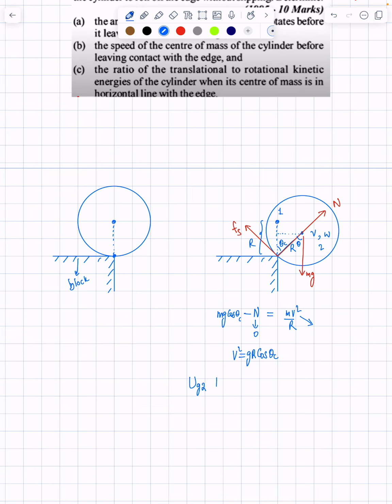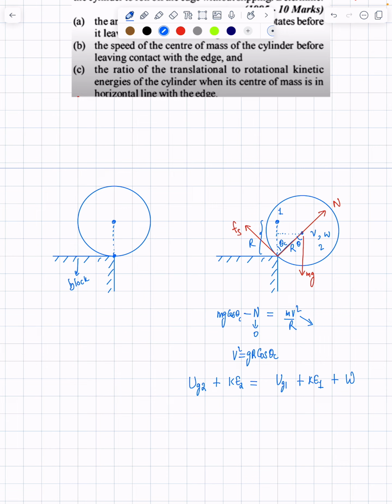So gravitational potential energy plus kinetic energy at point 2 is equal to gravitational potential energy at point 1 plus initial kinetic energy plus the work done by all the forces other than the conservative forces.